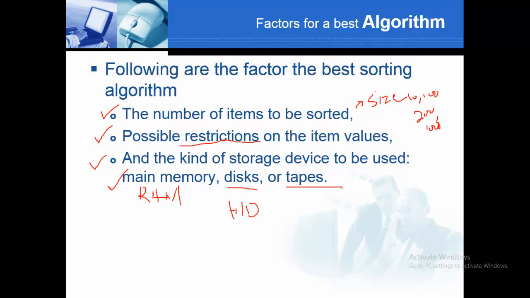In short, if your number of inputs is more, it will utilize more space. If the number of inputs is less, it will take less space. In an algorithm, two things are very important to keep in mind. One is the time complexity, the second one is the space complexity: how much space your algorithm takes and how much time to execute.